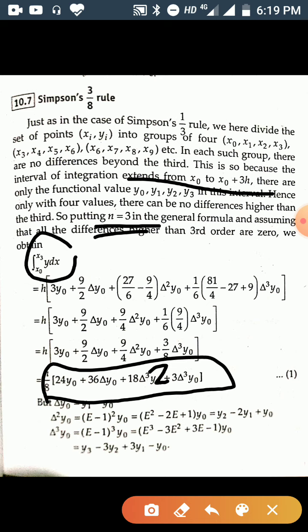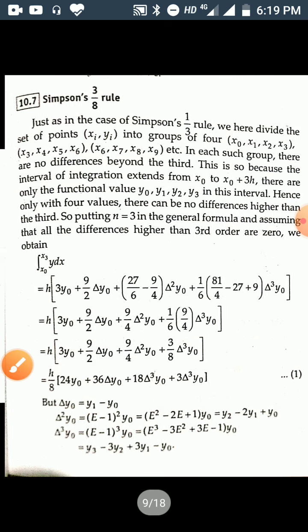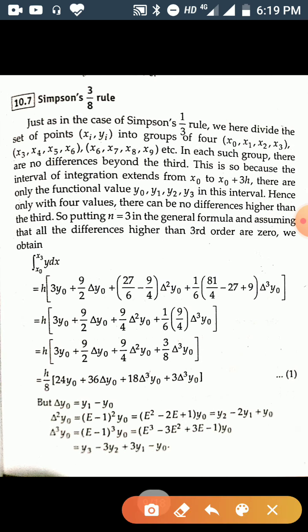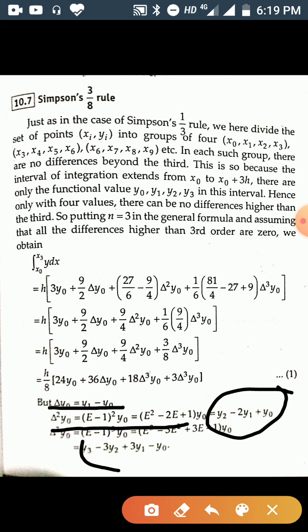You have to simplify all the values: delta y0 is y1 minus y0, delta square y0 is y2 minus 2y1 plus y0, delta cube y0 is y3 minus 3y2 plus 3y1 minus y0.